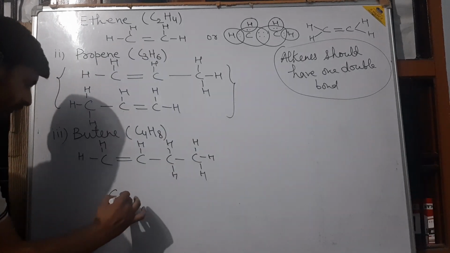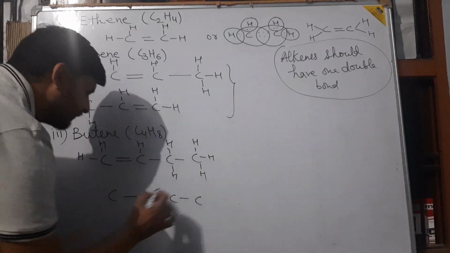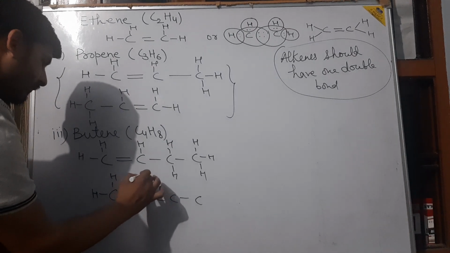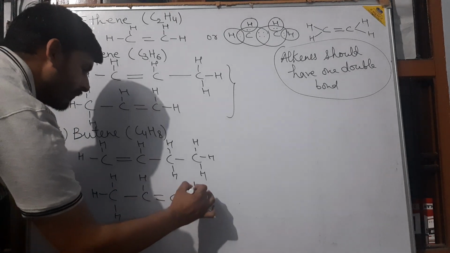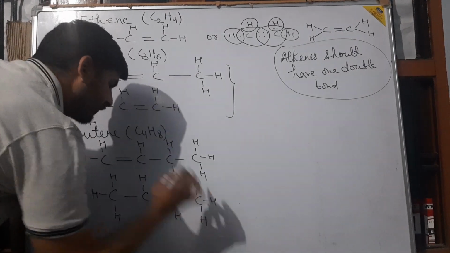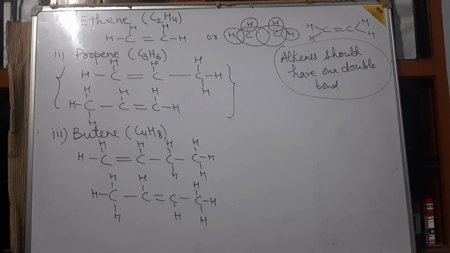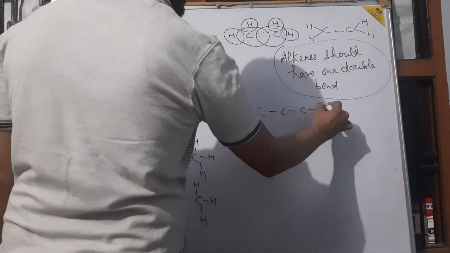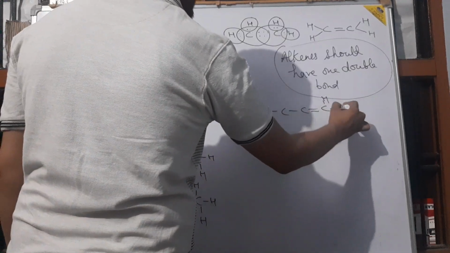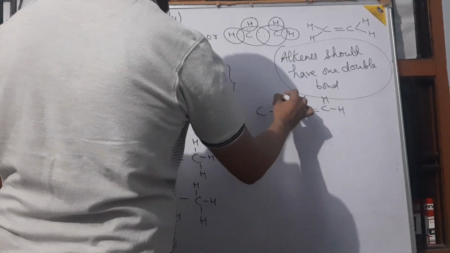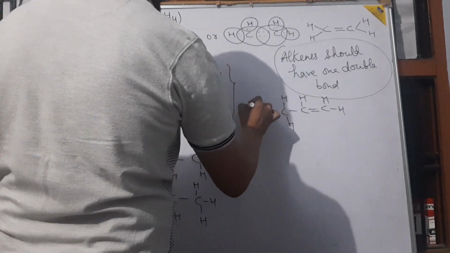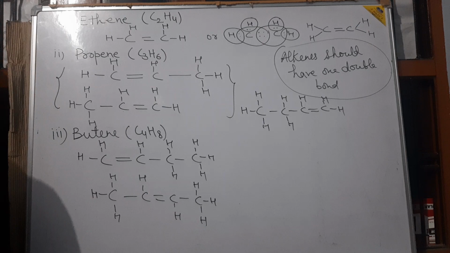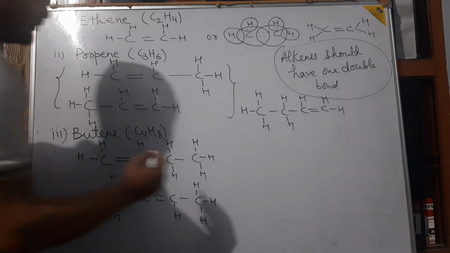You may also put the double bond between there, or you can put it here. So the name of this compound is butene.